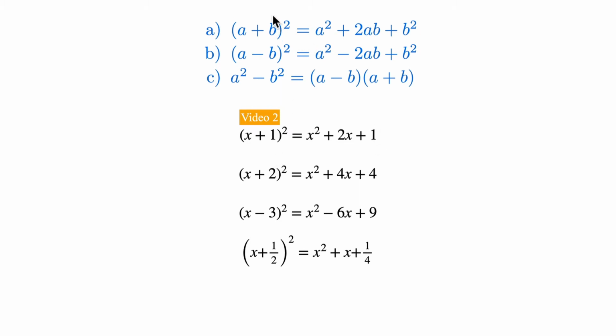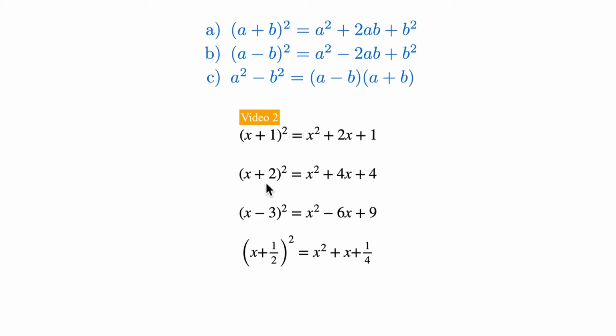Then I get x plus 1 all squared is equal to x squared plus twice x times 1, it is simply 2x, plus b squared is equal to 1 squared is equal to 1. So you see, this is what I knew. You maybe didn't know this back then, but now you know why I was able to replace this expression by this one.